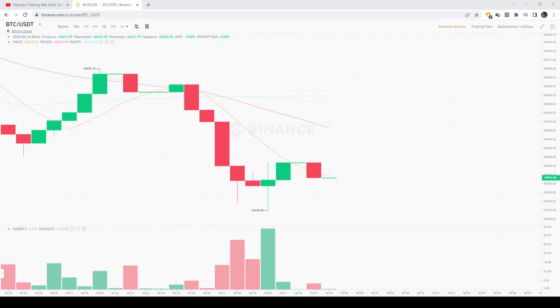7. Confluence with moving averages. Fibonacci can provide reliable trade setups, but not without confirmations. Applying additional technical tools like moving averages will support the trade opportunity and increase the likelihood of good trades.